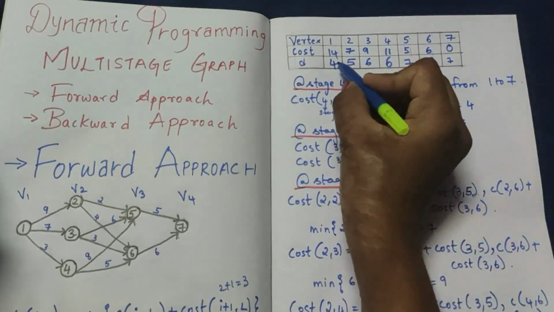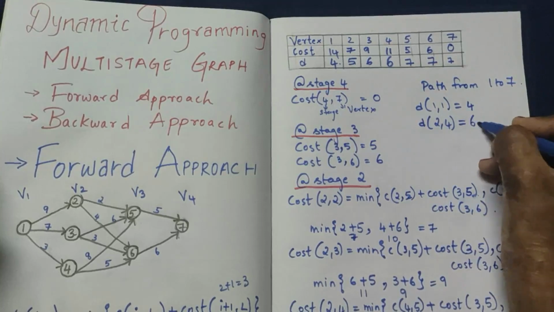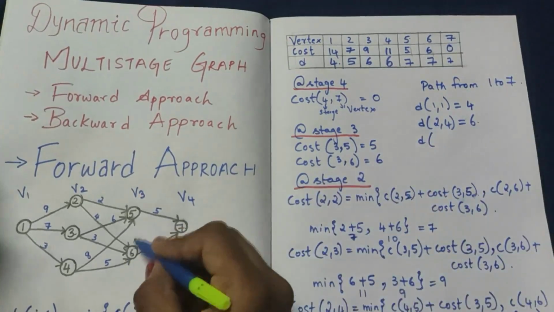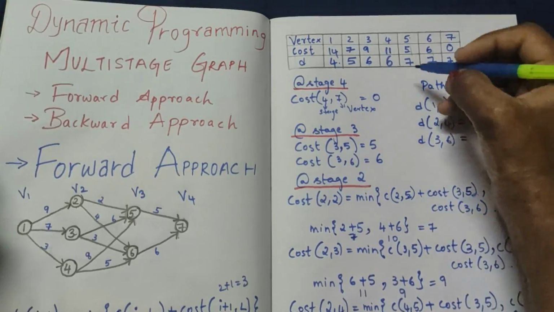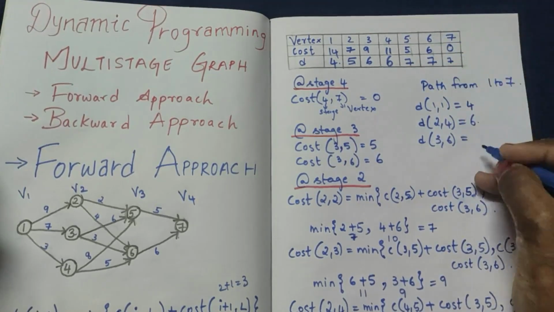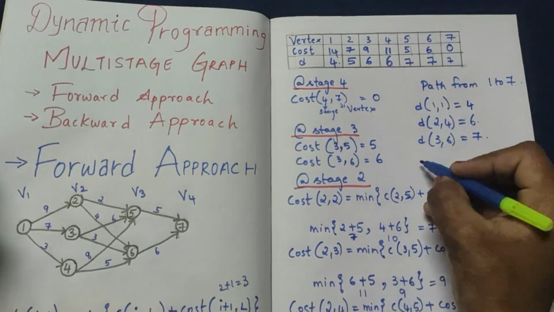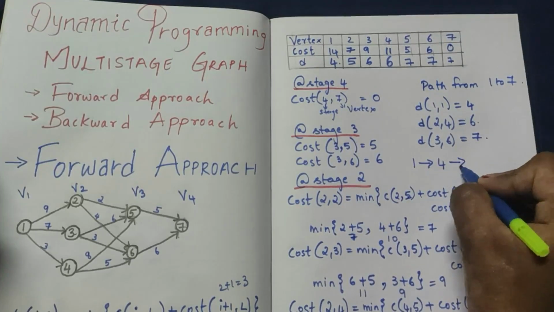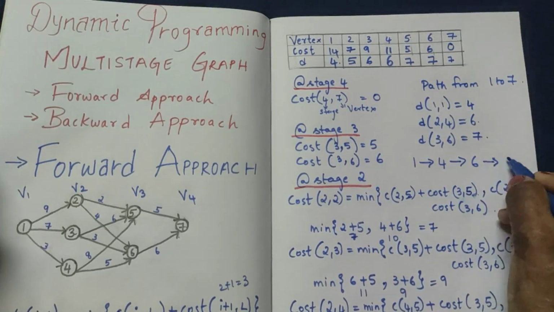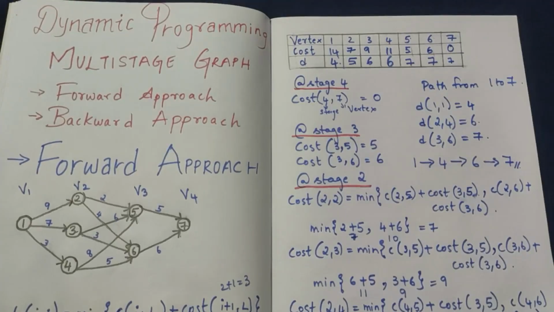So if you see here, when you go to the fourth vertex, it is taking you to the sixth node. So now sixth node is in stage 3. So stage 3, sixth node, where it is taking me, it is taking me to the seventh vertex. So this is how you need to go. So from first you will be going to the fourth vertex, and then you will go to 6, and then you will go to 7th. So this is how you need to find the minimum value from 1 to 7.